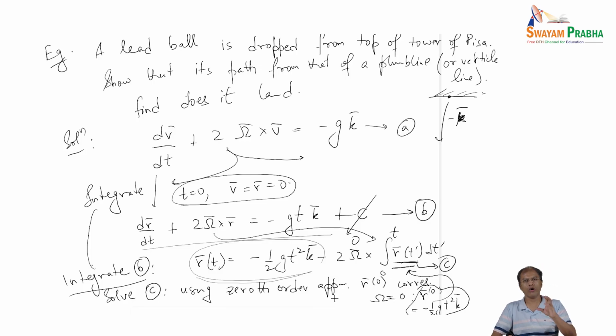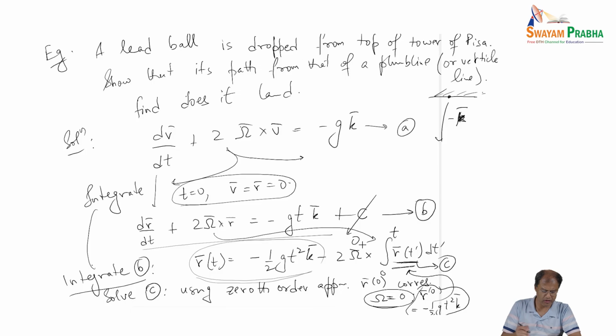So what is the whole logic behind this? We are saying that capital omega is the Earth's rotation, and the Earth's rotation magnitude is typically small compared to whatever is happening in the moving frame. We saw that the magnitude of capital omega is 10 to the power minus 5 radians per second. So this is already lower than the leading order. At least it is very small. So we have used the approximation omega equal to 0 to quickly find the answer to the leading order.